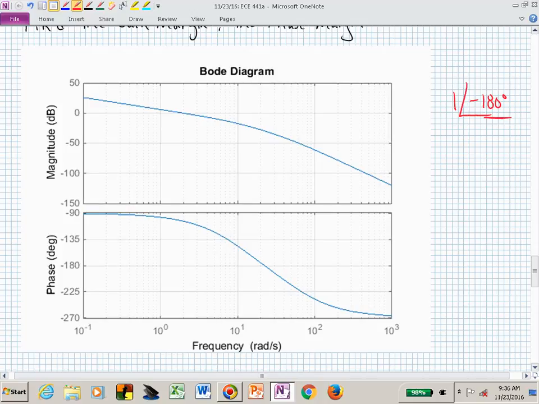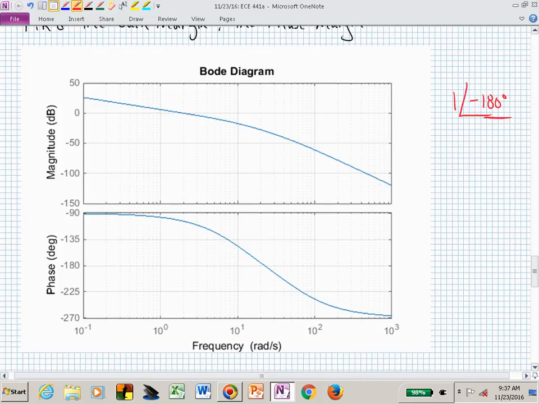So we are interested in how much margin we have relative to the magnitude and phase when they would simultaneously give us 1 at minus 180. So even on the final, you're going to have to answer something like this, I'm guessing. Hint, hint.